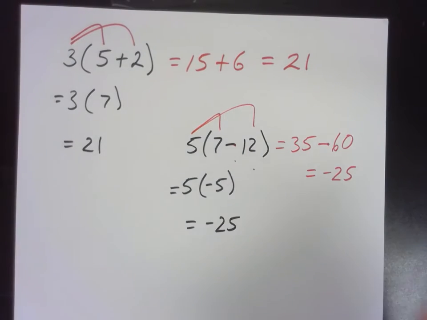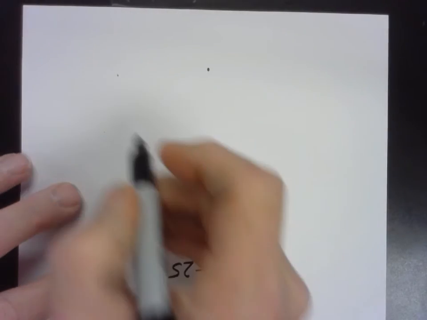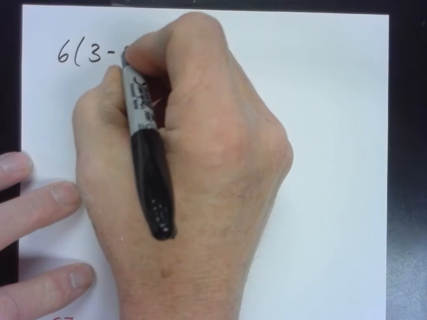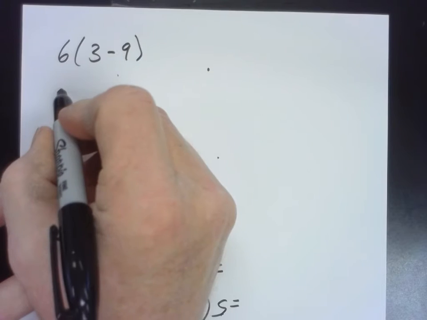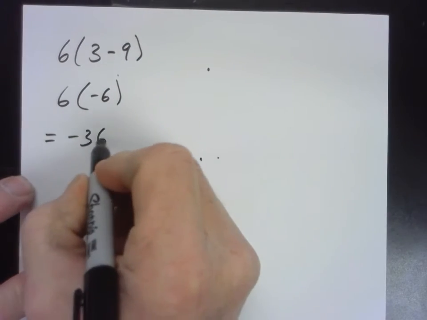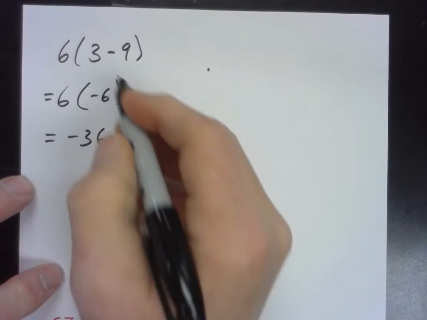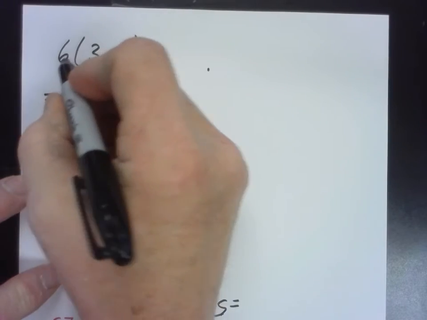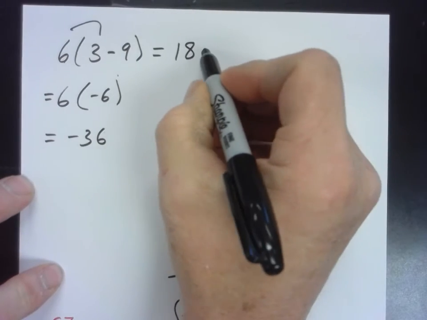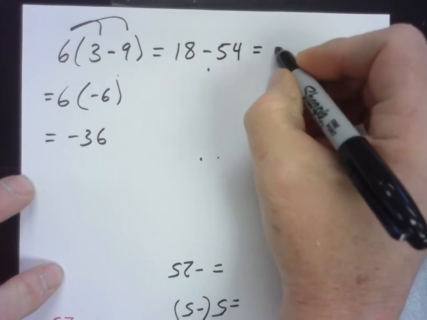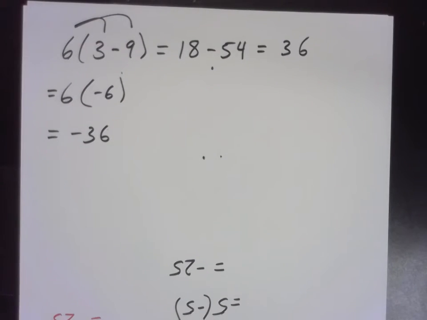I guess my big question is, why would we? 6 times 3 subtract 9 is negative 6. That gives us negative 36. When we can do what's inside the parentheses, why would we say 18 subtract, sorry, negative, why would we do it that way?